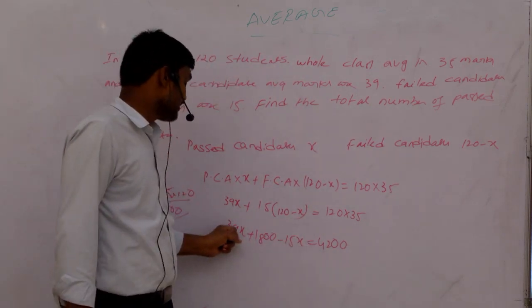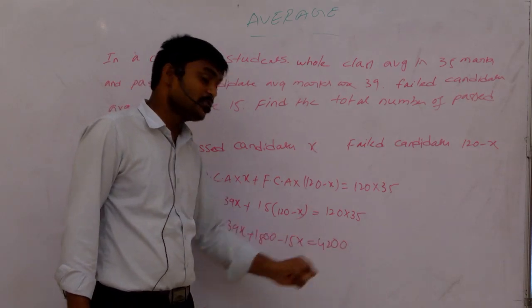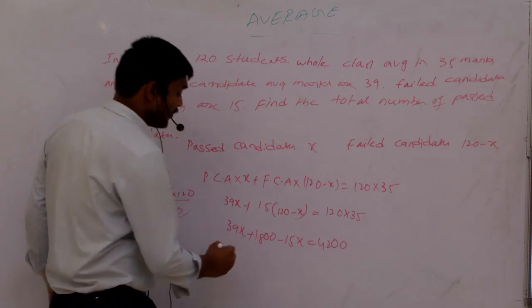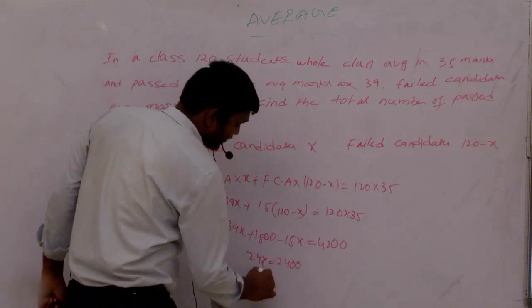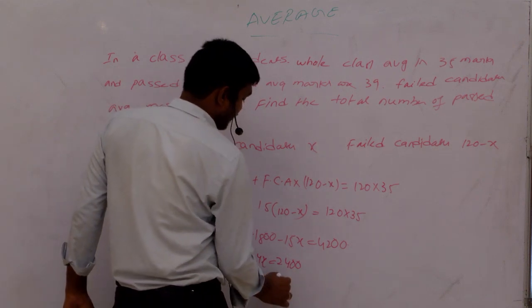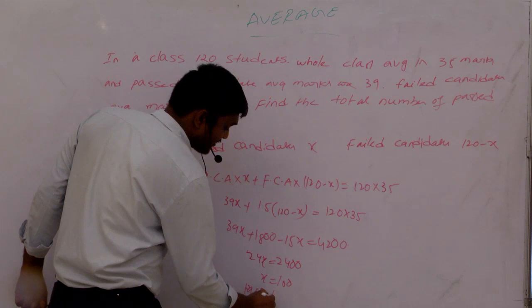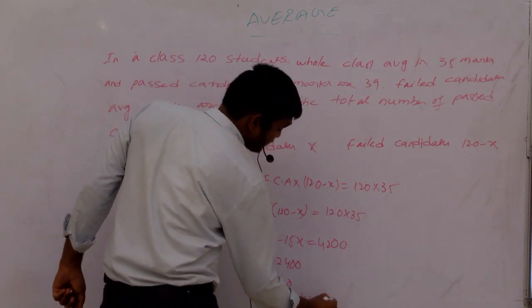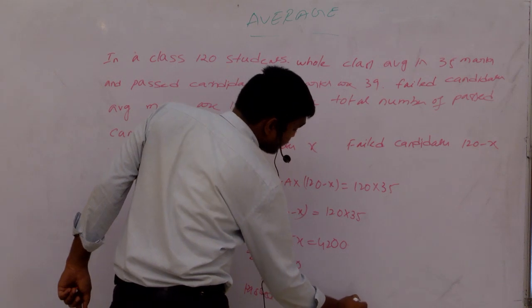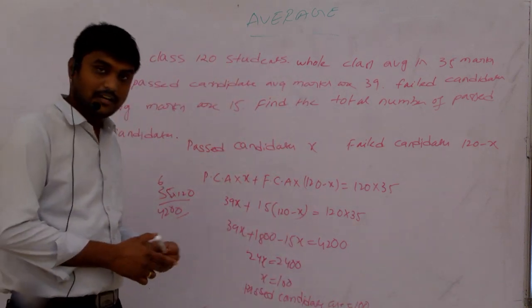So 39x plus 1800 minus 15x equal to 120 into 35, that is 4200. So 24x equal to 2400. So x equal to 100. Passed candidates are 100. So this is method 1.